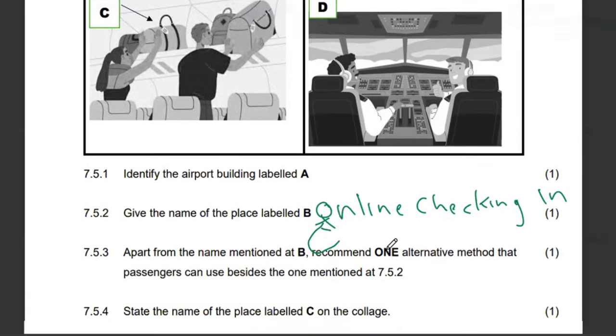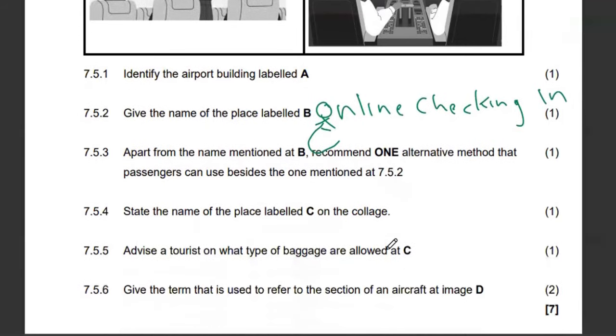State the name of the place labeled C on the collage. So that is known as the overhead baggage bin. It's called the overhead baggage bin.